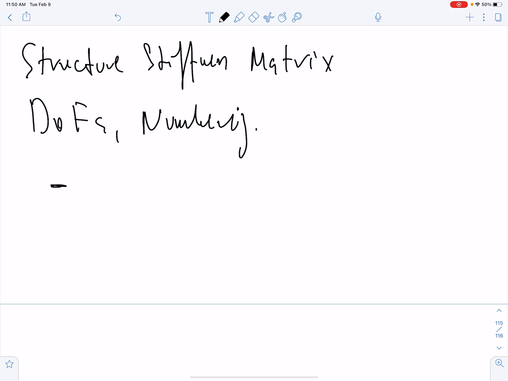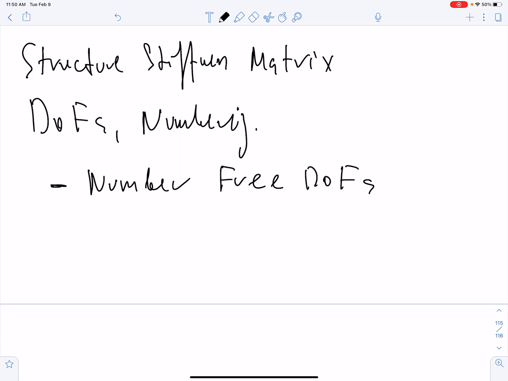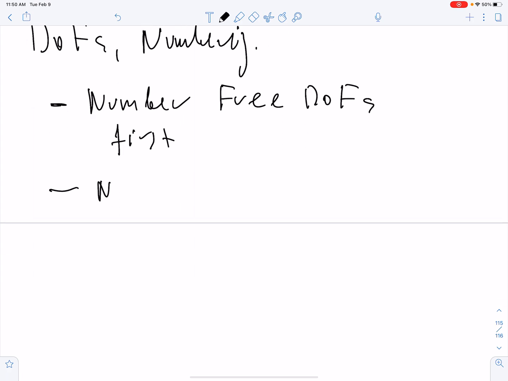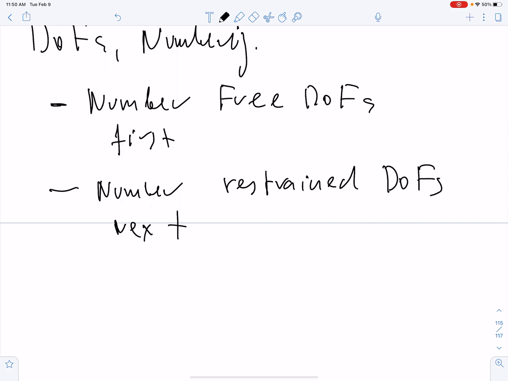The key is that you number free DOFs first, and then you number the restrained DOFs next. So it gives a natural partitioning of the degrees of freedom, right? Displacements, the forces, and the partitioning of the stiffness matrix.